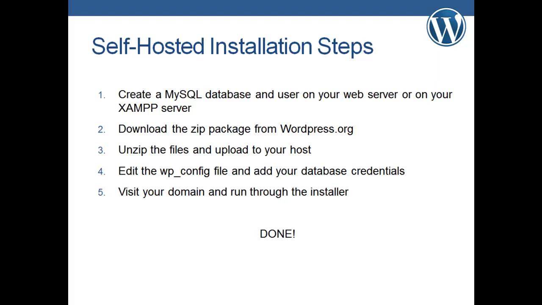And we'll create a MySQL database, which is really easy to do. Of course, we'll need to download the zip package from WordPress.org, and then we'll unzip it to our website files. And then you need to edit the wp_config file and just add your database credentials for the database that we created in step 1.